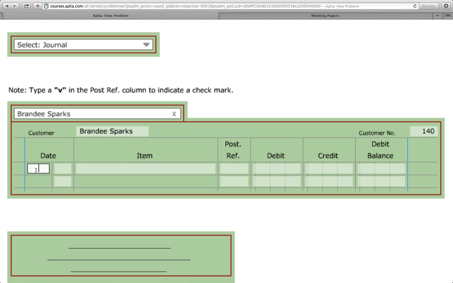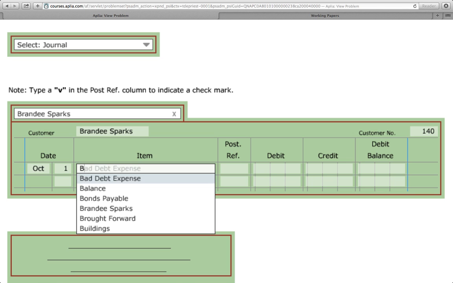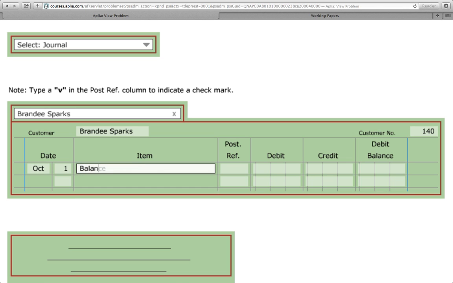And then the balance will be brought forward on October 1st. And I have to actually write the word balance here to explain why there's a number being written in here when there's no posting. In post reference, I'll put a check mark indicating this number did not come from a journal. It just got carried forward from the previous ledger page. And then that balance that is carried forward is 212.